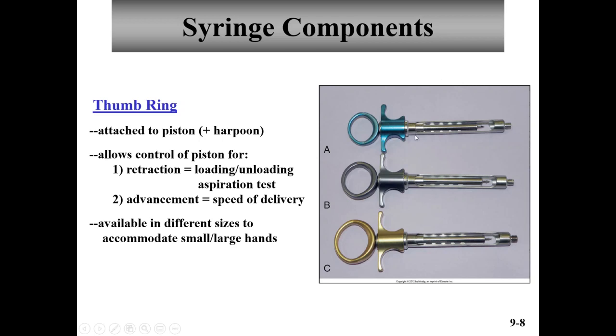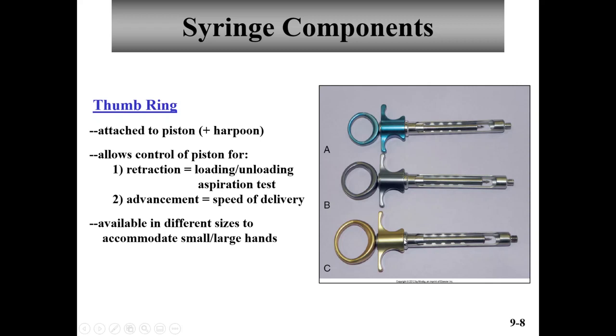We don't have them available in the clinic, unfortunately. But if you have trouble getting your thumb into the thumb ring because your hands are so small, and you'll know when you get your hands on a syringe whether or not you're going to have problems, you'll need to have your doc order the small size thumb ring.